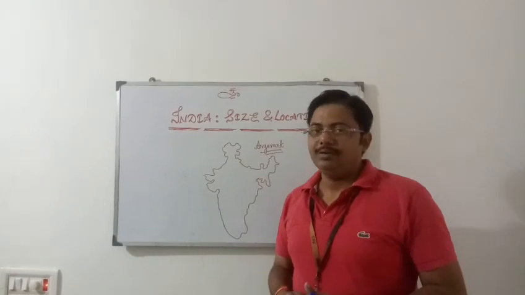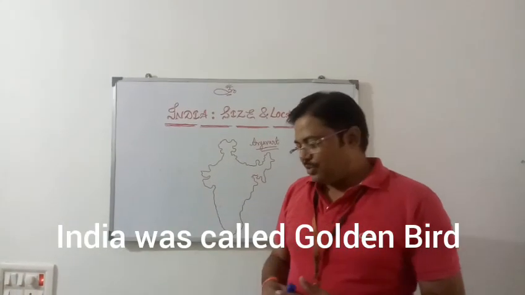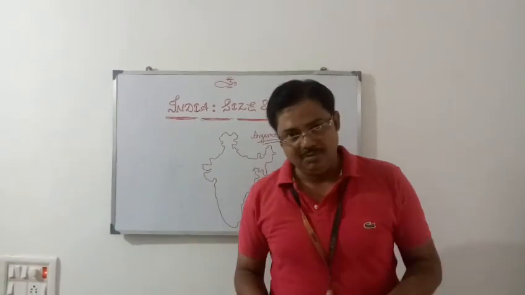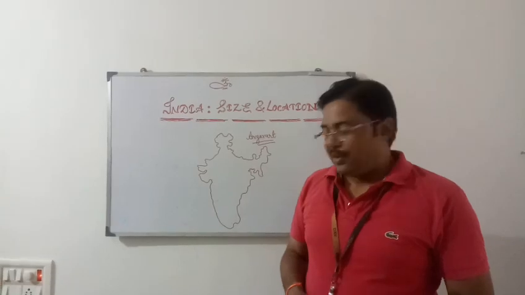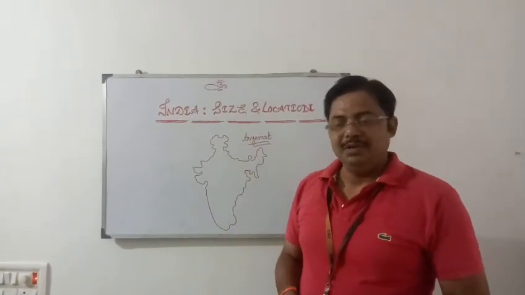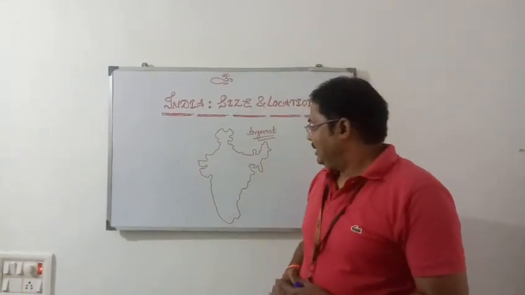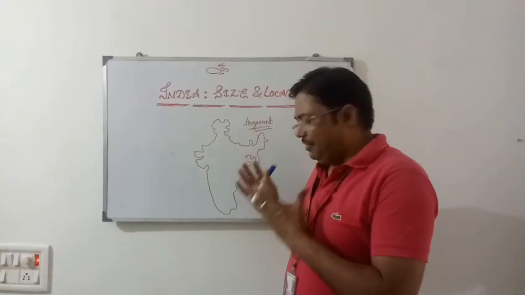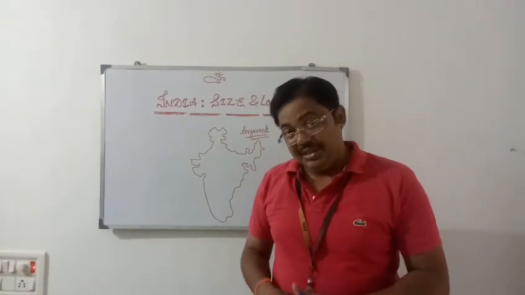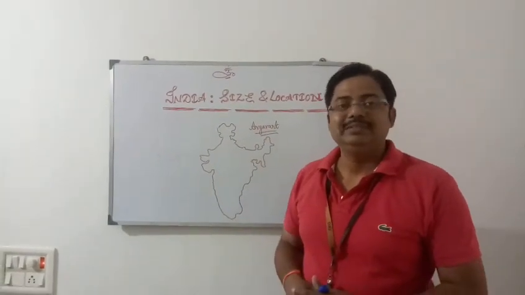At that time India was called the Golden Bird, because of its spectacular location in the whole world. Likewise, the climatic condition was fabulous, which we observe this time also. Also, wealth and spices were very famous in the whole world.